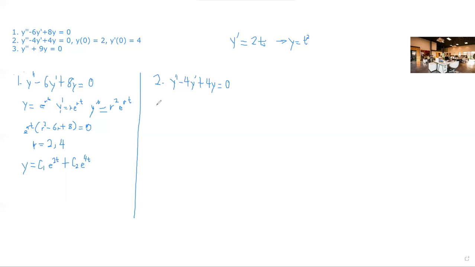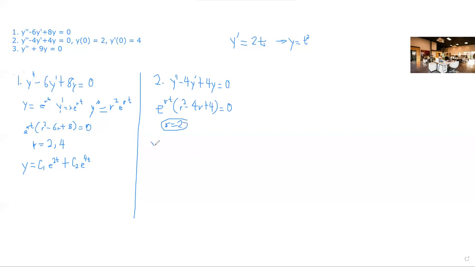So you'd have e to the power of rt times r squared minus 4r plus 4 equal to 0. And you realize that there's only one solution to this: r is equal to 2.